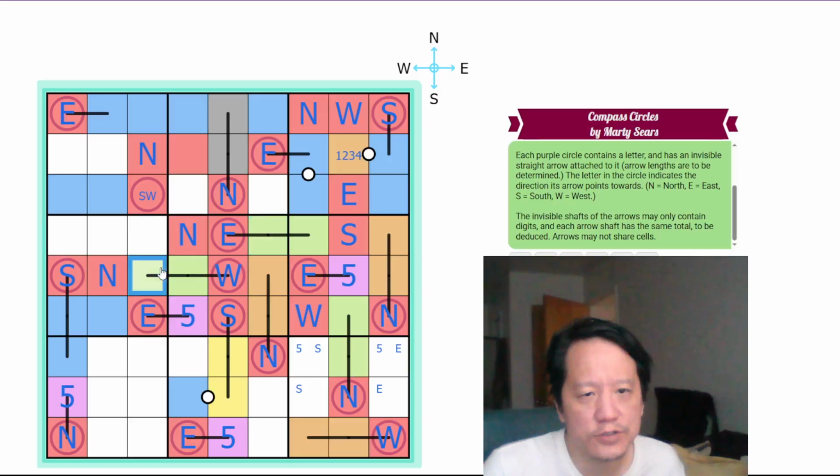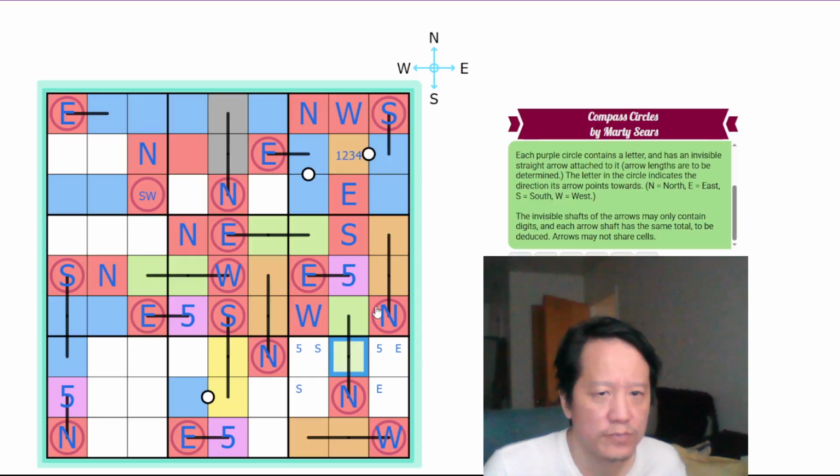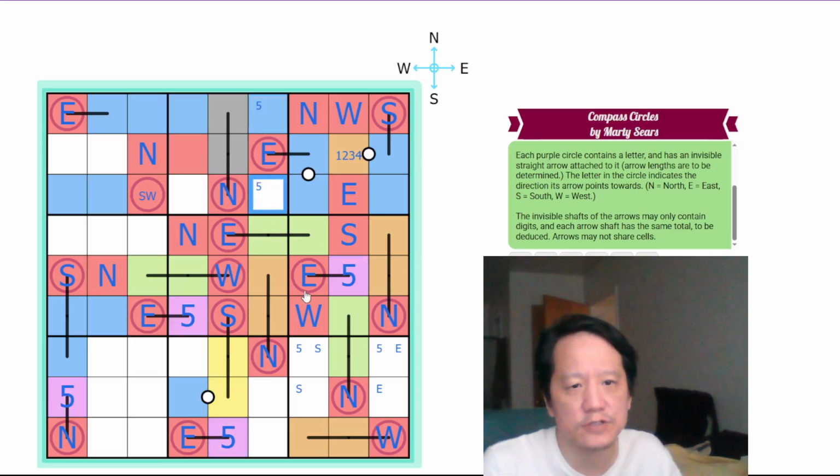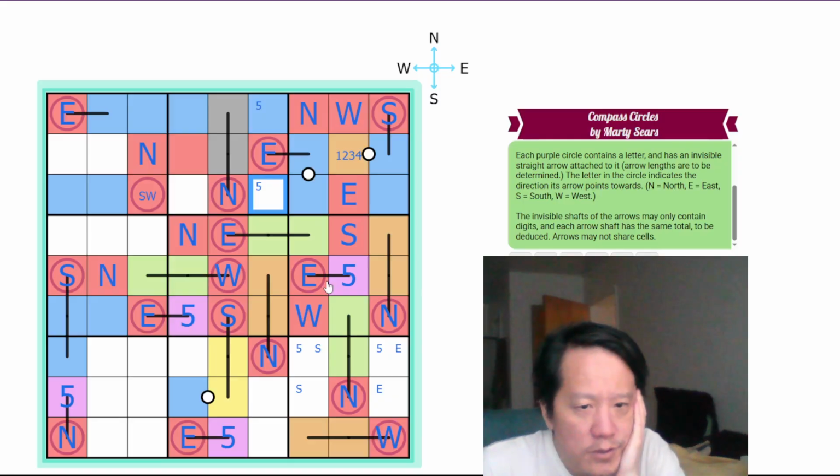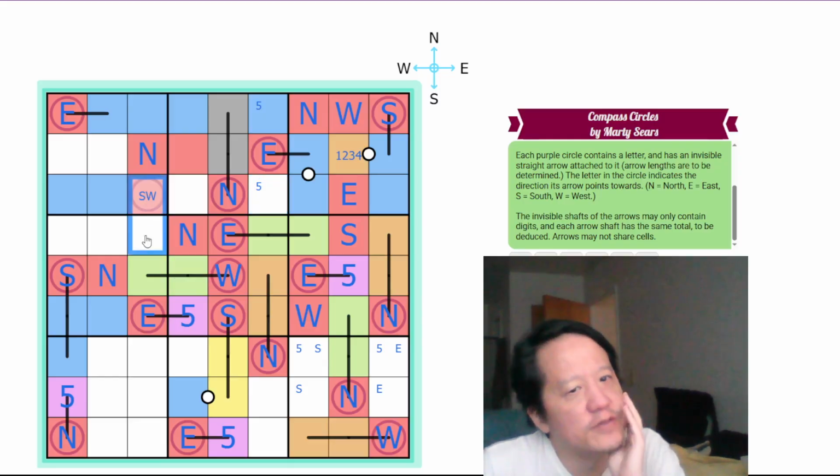2 orange, 2 green. So 1 orange here. Five has to be one of these 2 digits here. If this is south, this would be a 5.